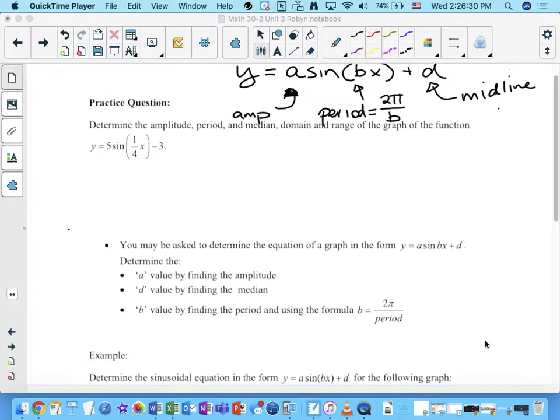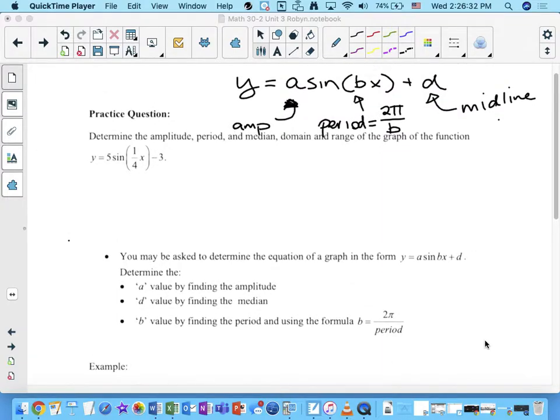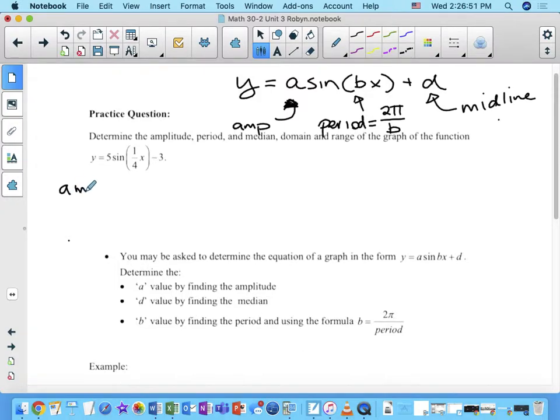So knowing what we know from yesterday, okay, it's actually faster to use that knowledge to determine all of these things than to graph this thing on a calculator. Okay, if we're looking at y equals 5 sine 1/4 x minus 3, well, what's the amplitude going to be? Yeah, the amplitude is 5.